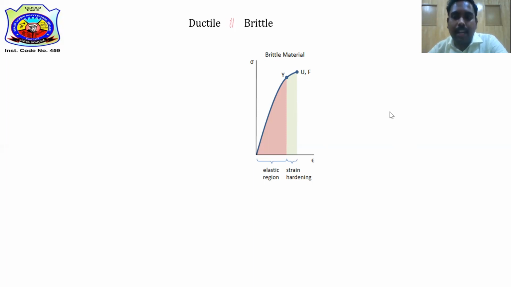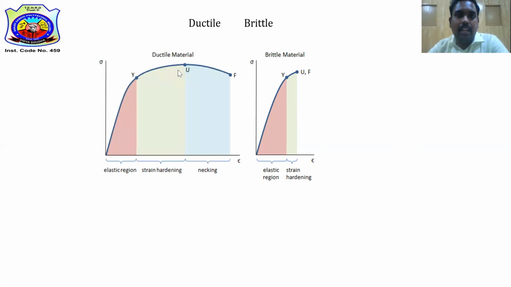Now let us compare the stress strain diagrams for ductile materials and brittle materials. I will plot them side by side. This is the stress strain diagram for ductile materials. It is slightly different from what I showed in the previous slide, but the concept is the same. So what's the difference? Just observe clearly.